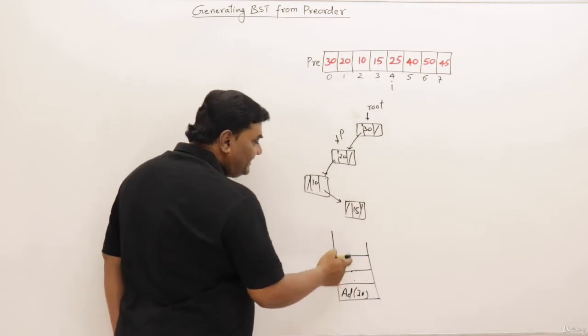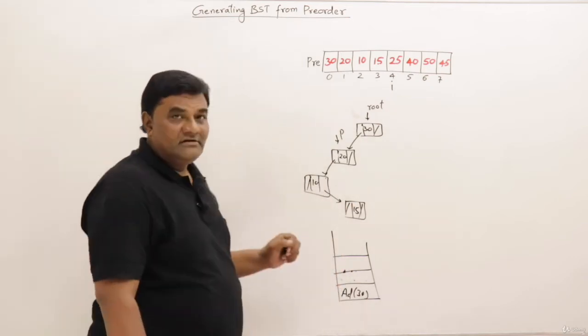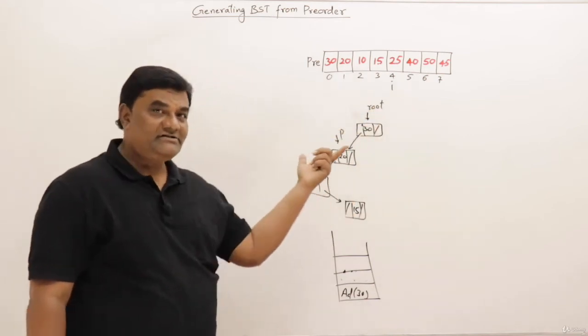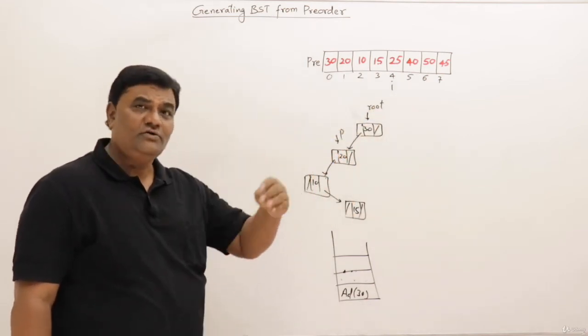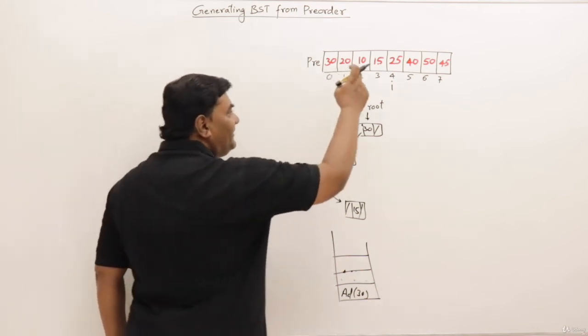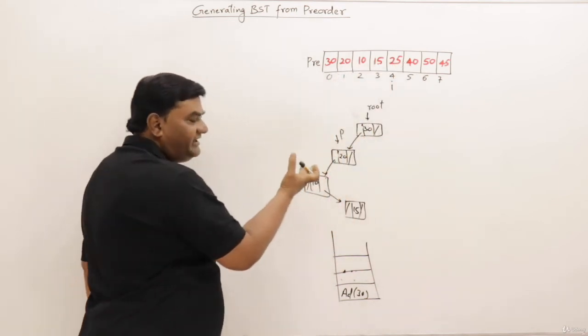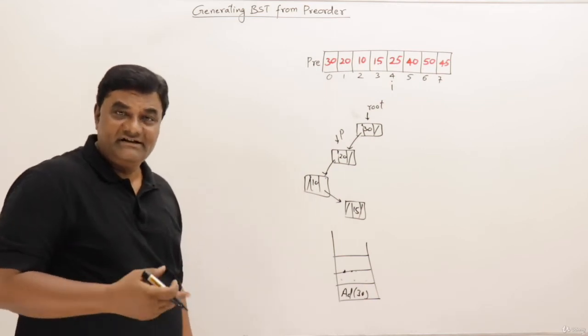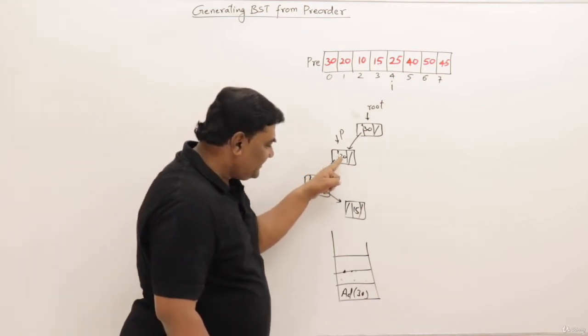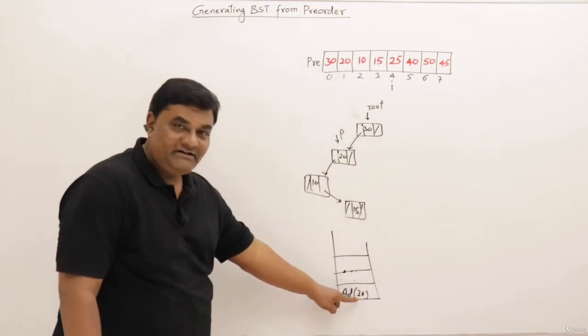So upon 20, we got the address of 20. In this step, we did not move I to the next element because it is not yet inserted. Step is completed. Don't move I. Let us start again. 25, is it less than 20? No. Definitely it's greater. So if it is greater, it should lie in between this 20 and the topmost element in the stack.